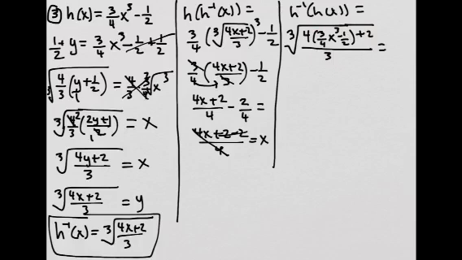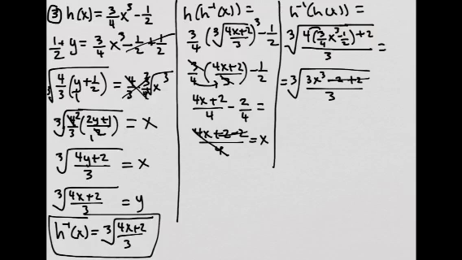So when I distribute the 4 here with this one, I get, let's write the cube root first. The 4's cancel, so I have 3x cubed, and then 4 times negative 1/2 is negative 2, and then plus 2, all over 3.